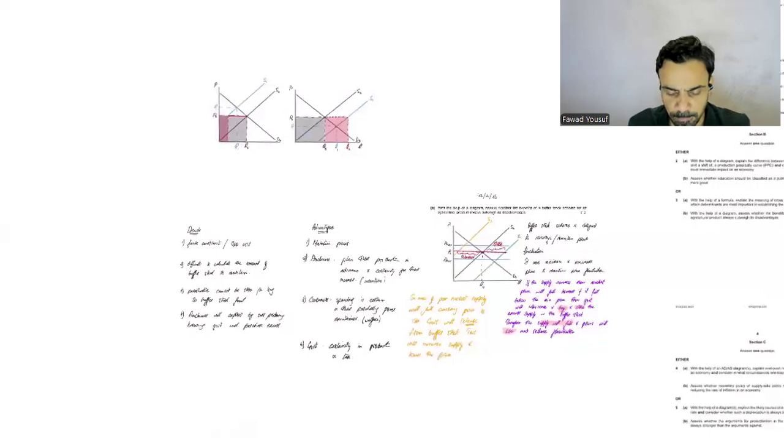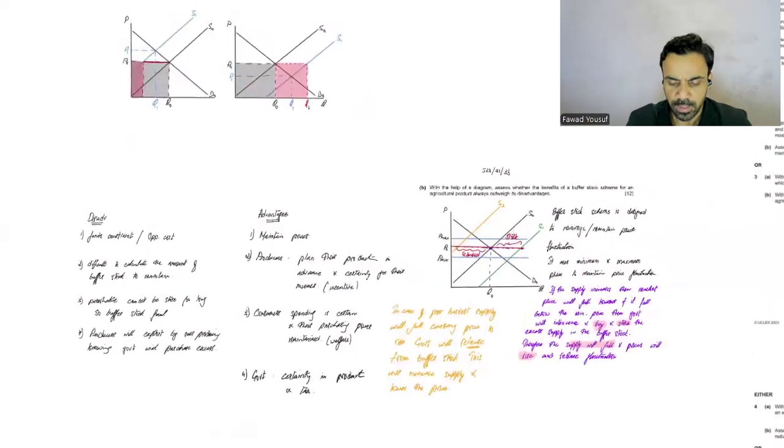Can't talk about exports and imports, right? Export and import. Well, you can talk about export and import, but that only comes in a situation if you create that scenario that, for example, perishable situation agar hai and the government cannot keep excess stock of it.